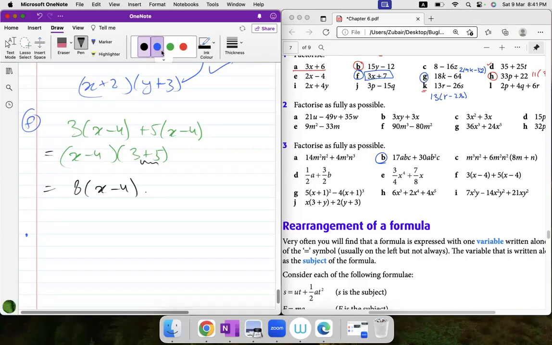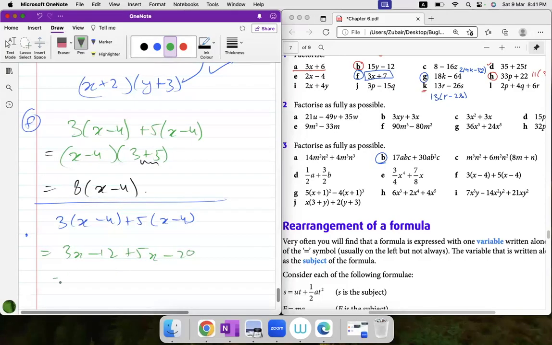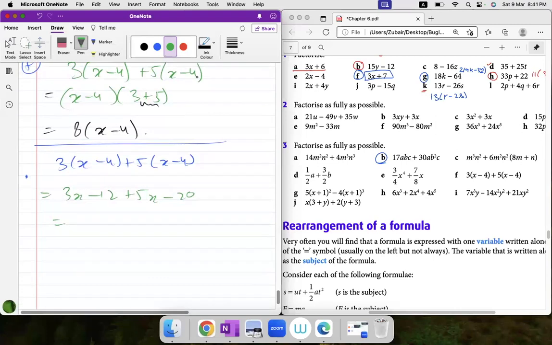Yep. Now, what would happen if we just multiply these two? (3 plus 5) into (x minus 4). If we just multiply, this would be 3x minus 12. That would be 5x minus 20. Now 3x plus 5x is 8x, and minus 20 and minus 12 are minus 32.